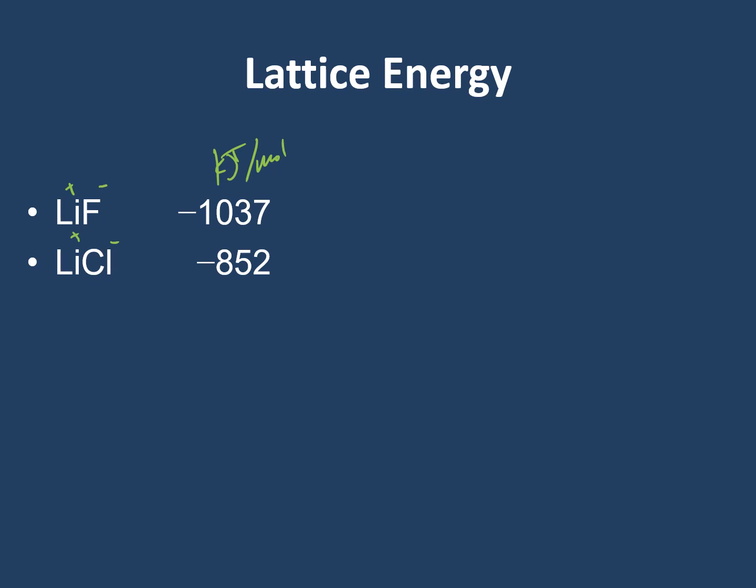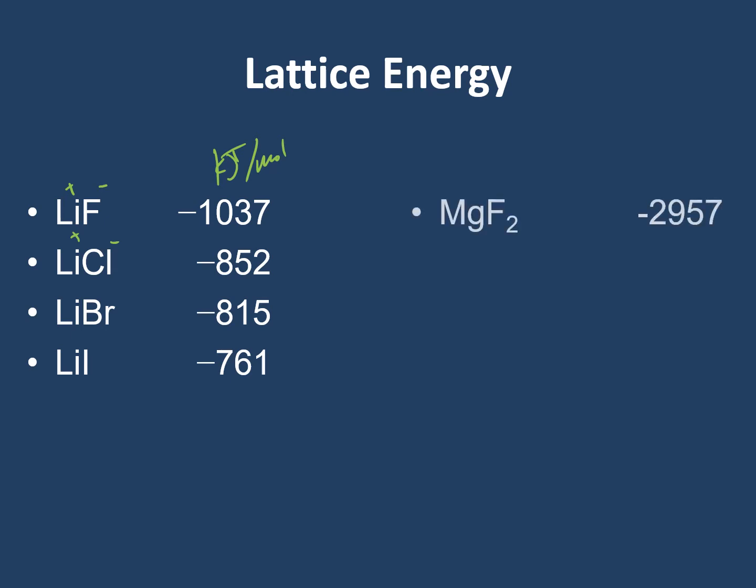The same thing is going to be true of LiBr. LiBr will be even smaller than LiCl. Same charges, larger ionic radius in the case of the Br. So smaller lattice energy. LiI would be the lowest of this series.